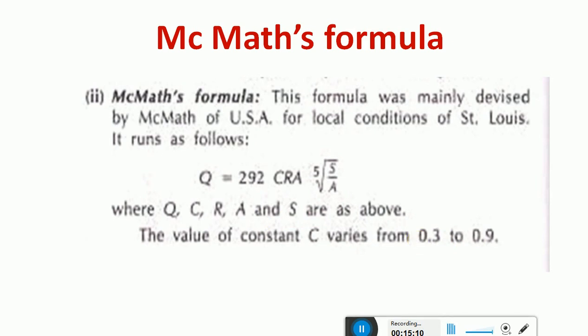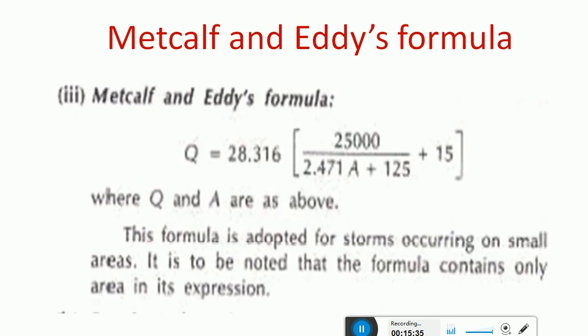Like I told you, these were done based on their locations and local conditions, so the value keeps varying depending on the area where they devised the formula based on their experimental work. Q is again the runoff, C is the coefficient of runoff, R is the intensity of rainfall, A is the area of drainage, and S is the slope.